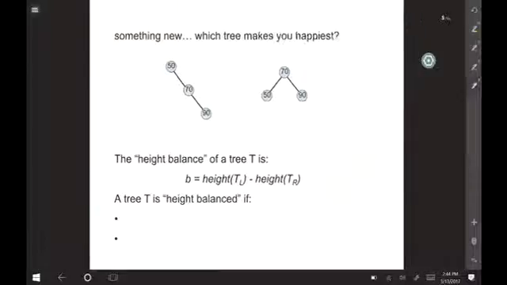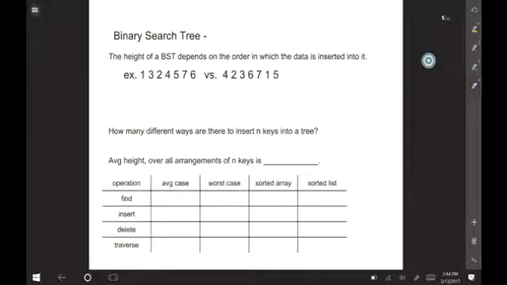All right. Okay, so here's the deal. The height of a binary search tree depends on the order in which the data is inserted into it. So for example, there are two sets of data right there, and the two trees that they build are very, very different. In fact, the height of that first tree, I believe, is 5, and the height of the second tree is, I believe, 3.